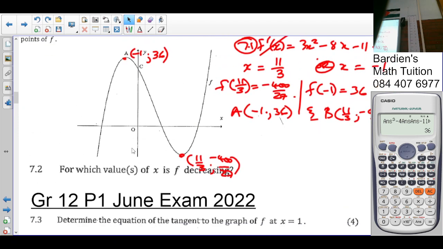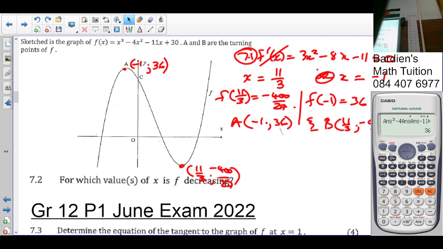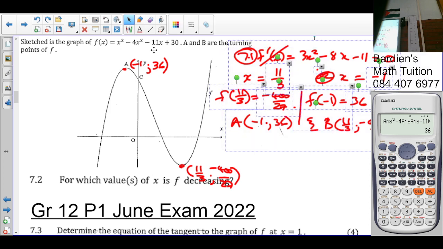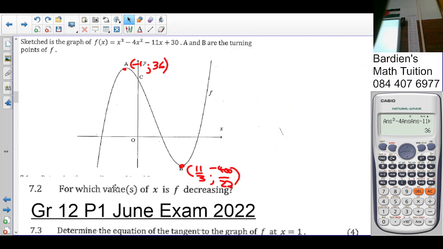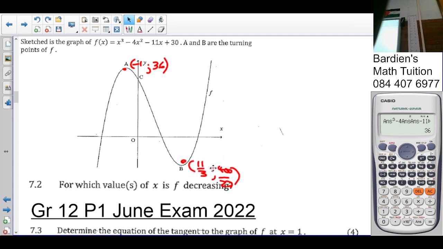Okay, so what I'm going to do is remove this here so that we can have space to write. Move this down a bit. Okay, in 7.2 the question says, for which value or values of x is f decreasing.